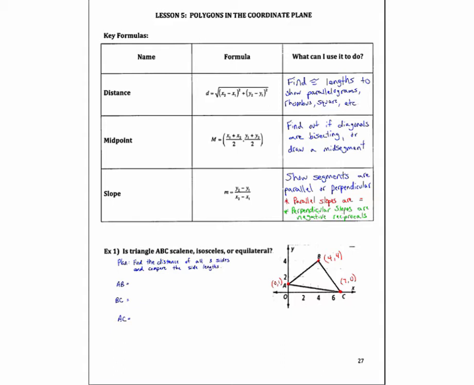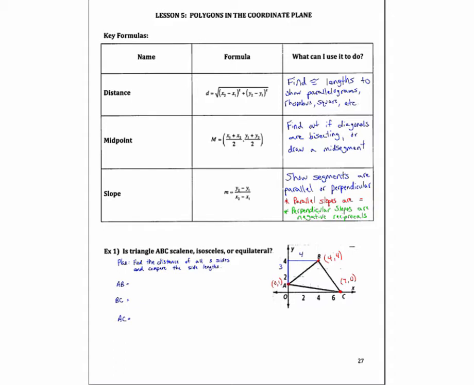So I'm going to draw up from point A over to point B, and I'm simply going to count those numbers. So from A of 1 up to 4 was a distance of 3, and from 0 to 4 was a distance of 4.